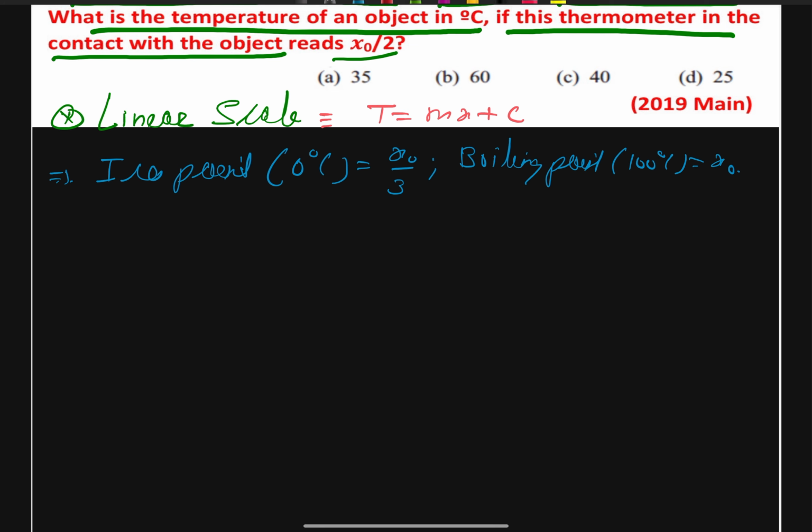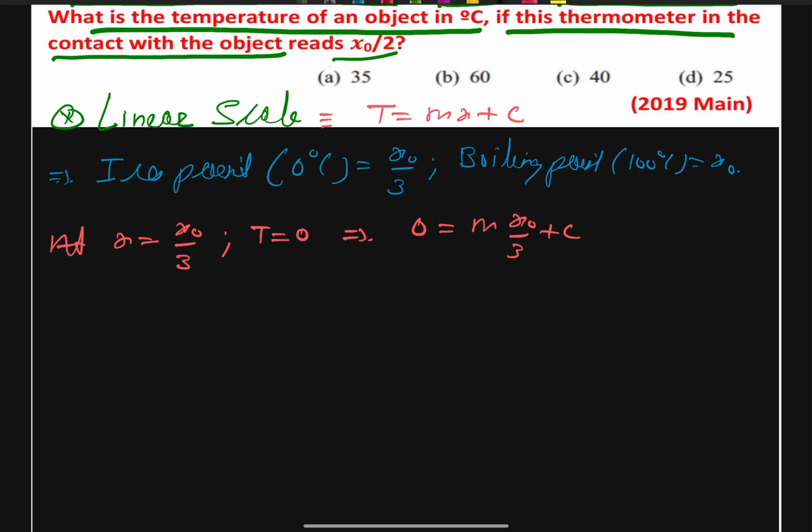So at x is equal to x naught by 3, temperature will be equal to 0. Therefore, we get 0 is equal to m x naught by 3 plus c.